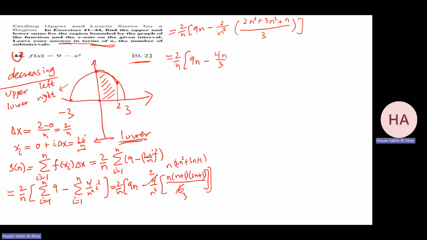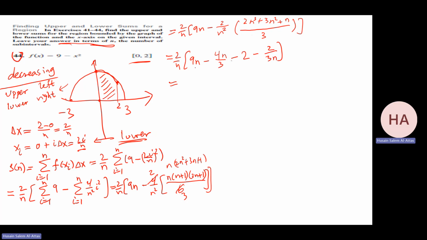Minus 2, n square cancel with n square, 3 with 3, so it's minus 2, minus 2 over 3n.